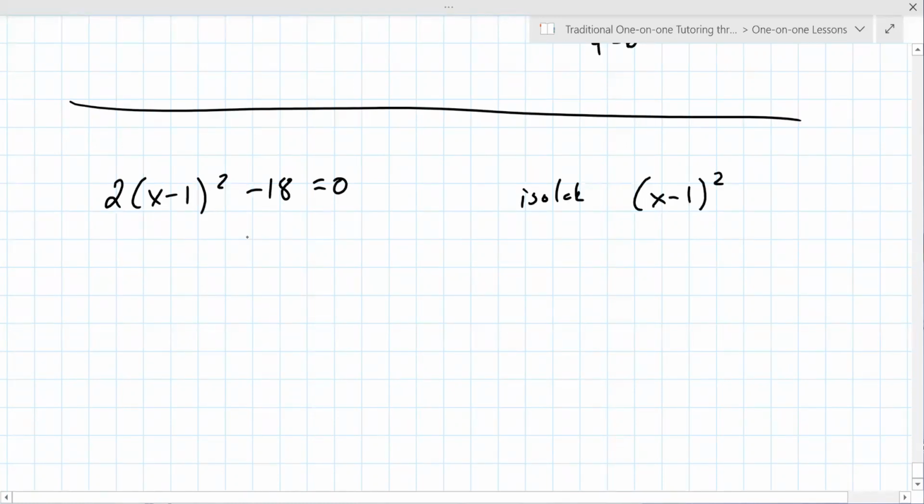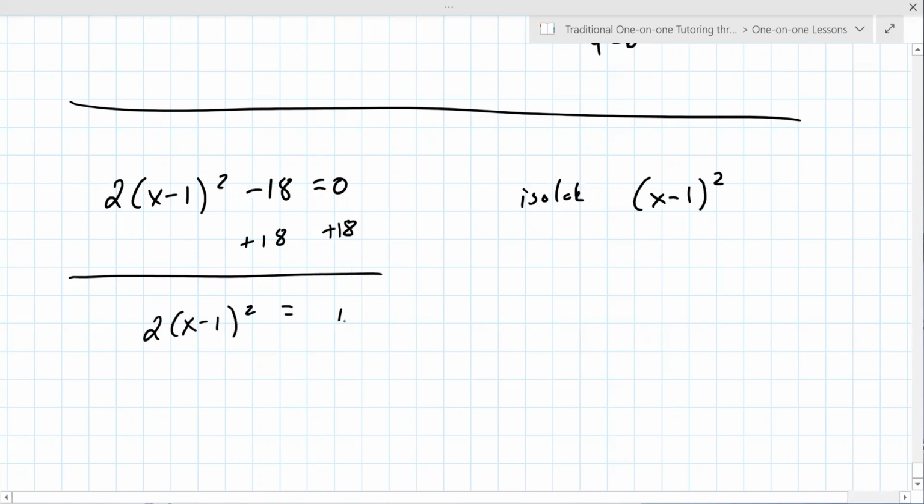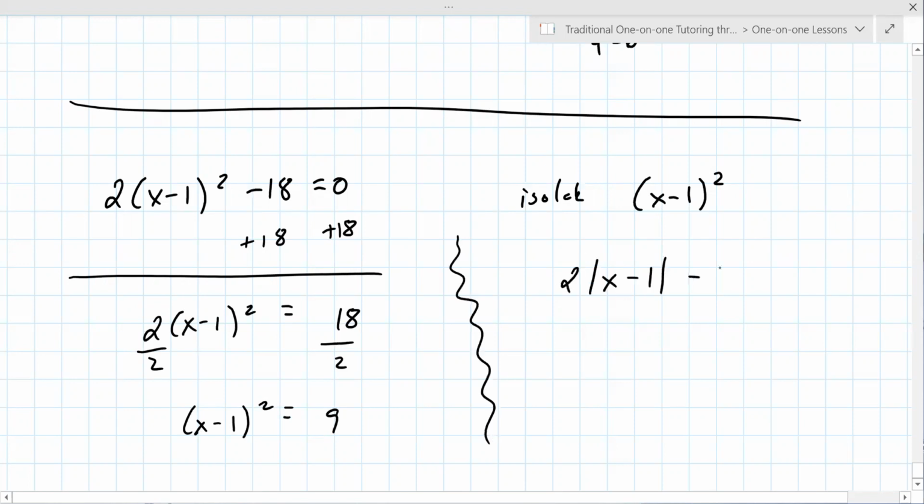You want to add 18, so you get 2x minus 1 squared equals 18. Divide by 2: x minus 1 squared equals 9. Because again, if this were a 2 absolute value x minus 1 minus 18 problem, you would do exactly the same thing. You would add 18 to both sides.